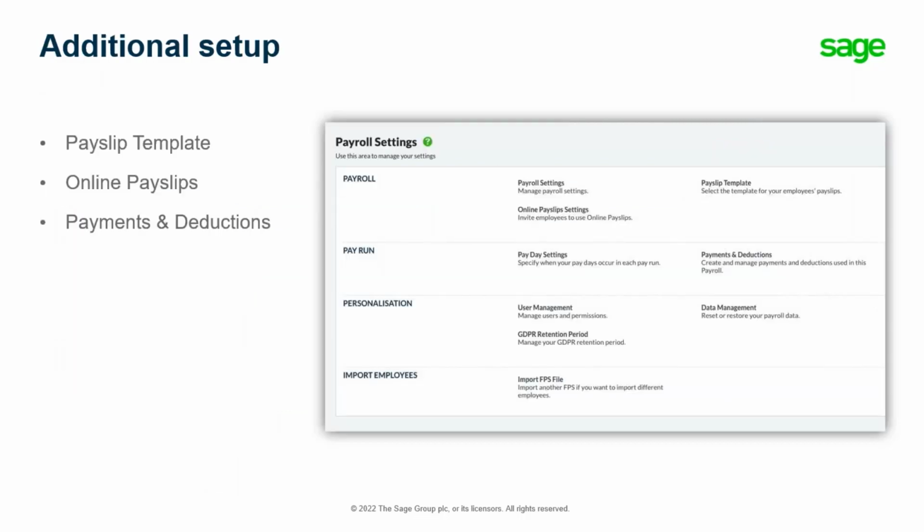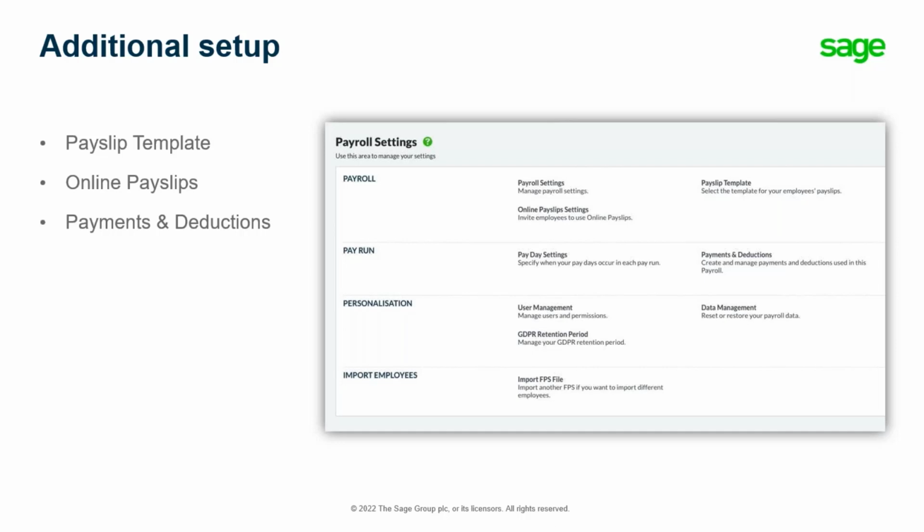And then a couple of other additional setup steps. We cover some of these in our processing payroll webinar. But in advance of your first payroll, you might want to choose a payslip template for printed or emailed payslips. Alternatively, you could run through the online payslip setup. It's really simple, and then your employees will be invited to access their payslips either in a mobile app or through an online portal.